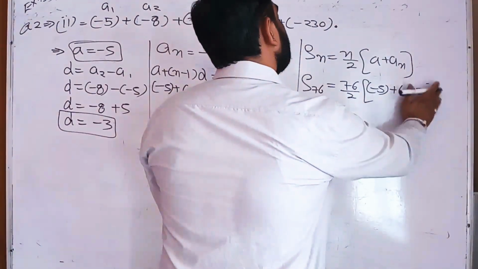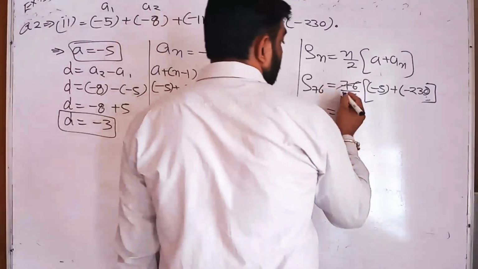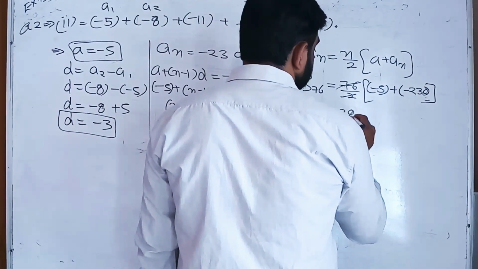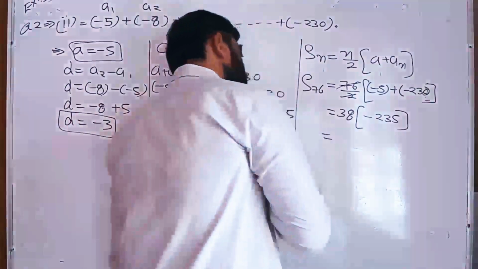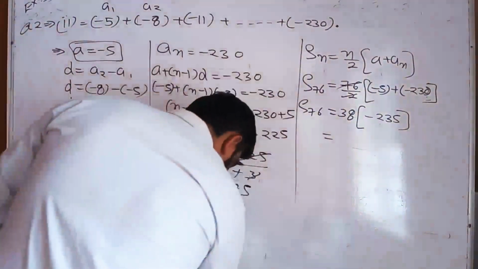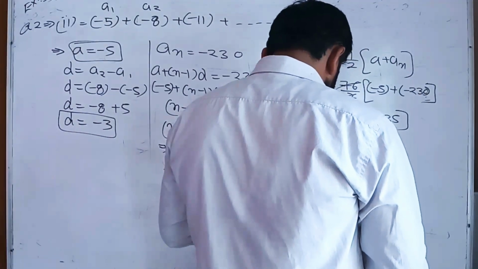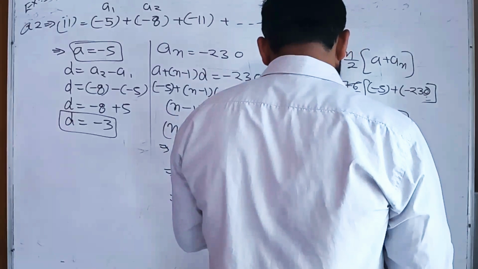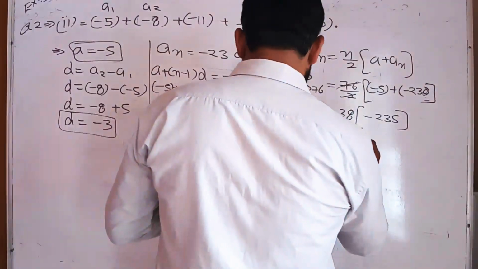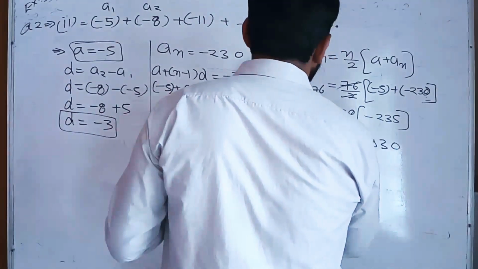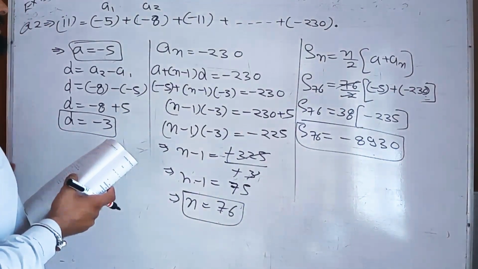You have to put in the values and simplify. 2 threes are 6 and 2 eights are 16, so 38. Multiply 38 by -235 and find the value of S76. The answer is -8930. That is the value of S76.